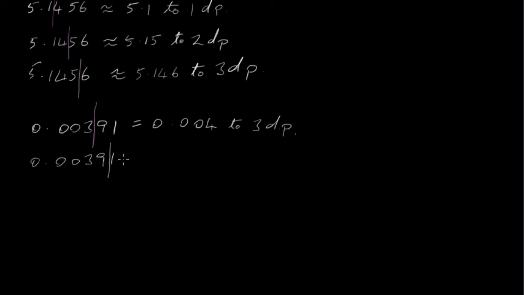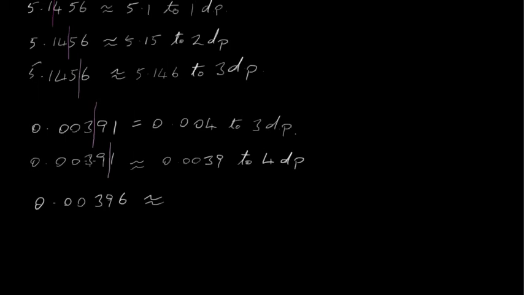The number after the 9 on this side of the line is a 1, which is 0, 1, 2, 3 or 4. So I leave that as a 9, so that's approximately equal to 0.0039, and that's to 4 decimal places. Now, if I take the number 0.00396, for example, and I want to round this to 1, 2, 3, 4 decimal places.